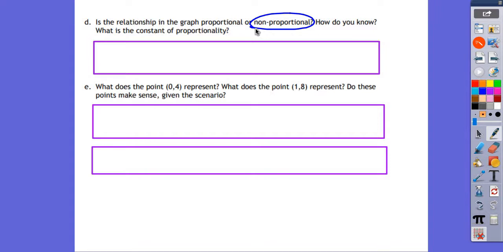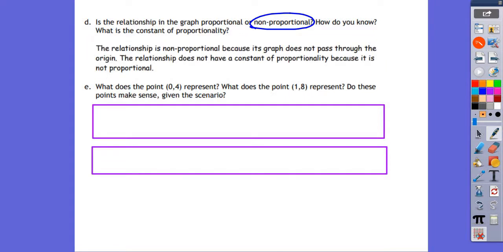It doesn't have one. Why does it not have one? It's not proportional. So you could sum all that up. We said it's non-proportional because it doesn't go through the origin. And it can't have a constant of proportionality because it's not proportional. What do we say it has? Rate of change.